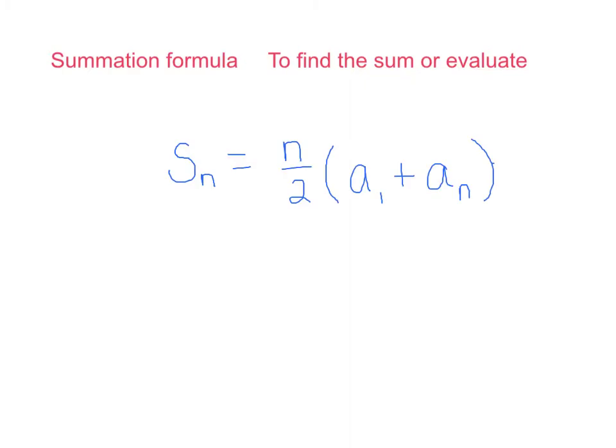S of n equals n divided by 2, times a sub 1 plus a sub n. Okay, so this n that is right here and right here represents the number of terms that you have.